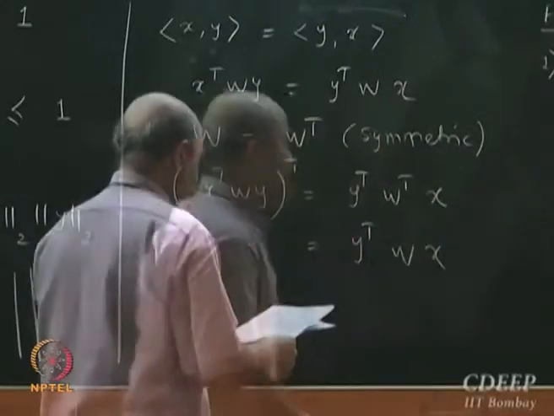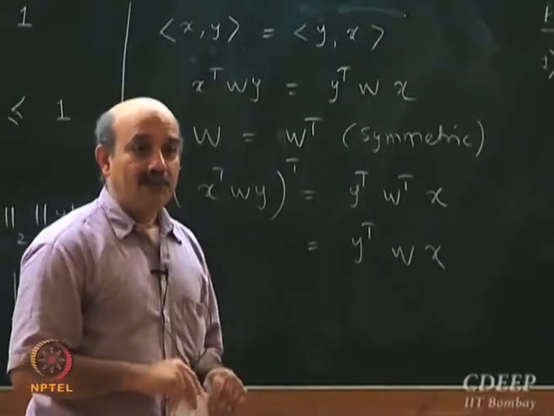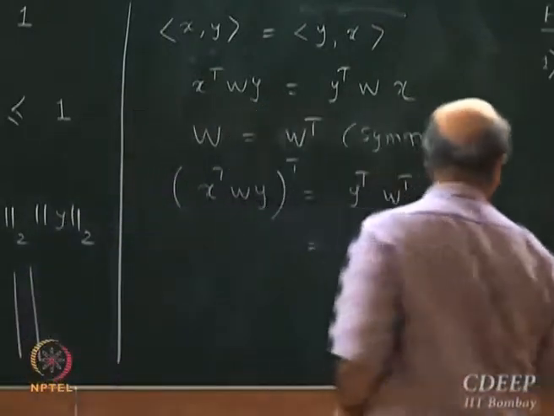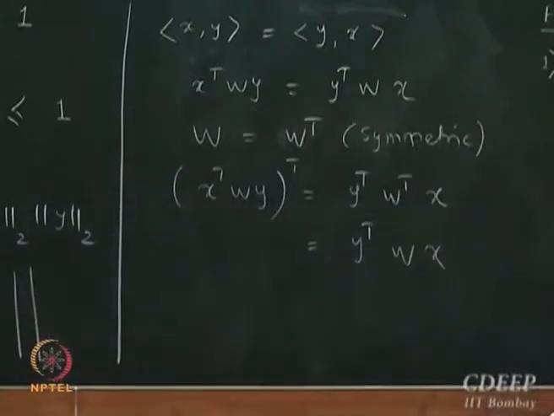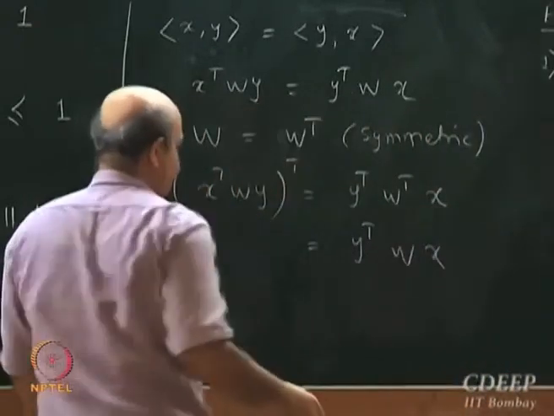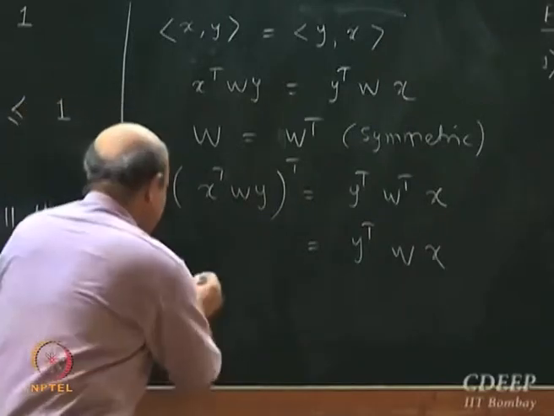What next? Lambda times x. What will happen? What is the next property? I think the second property, distribution, is very obvious. You don't have to prove this.